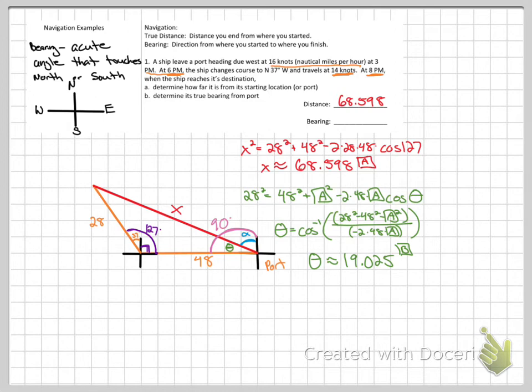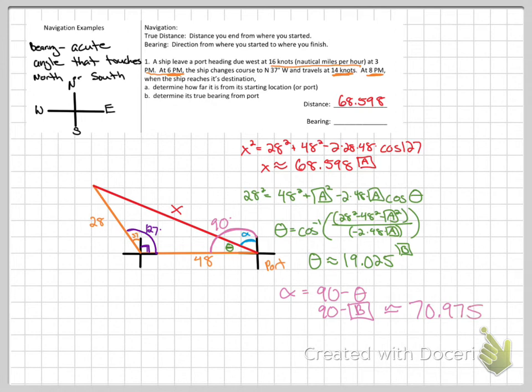From north to west is 90 degrees, then this time alpha should equal 90 minus my theta, or 90 minus button B, if that's where you stored button B. So alpha, which is actually part of my bearing, is 70.975.